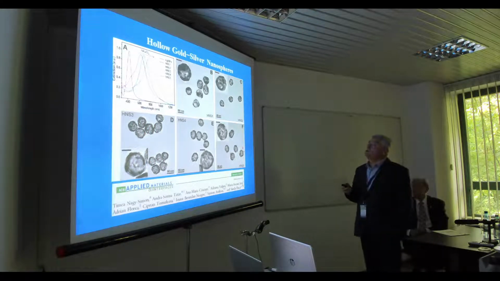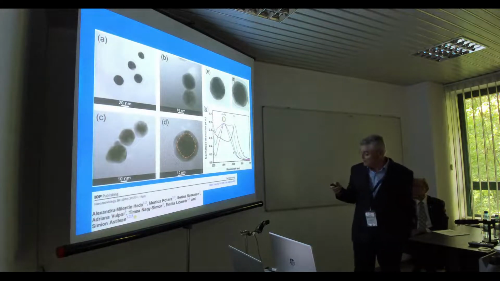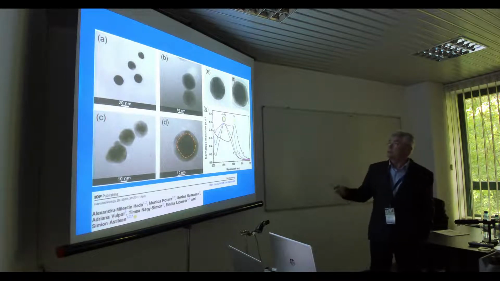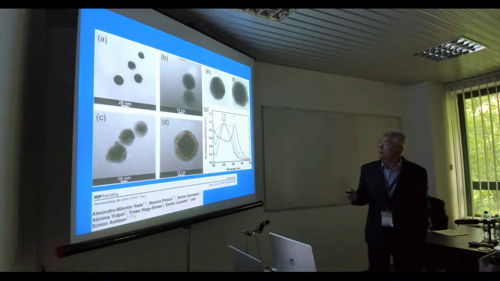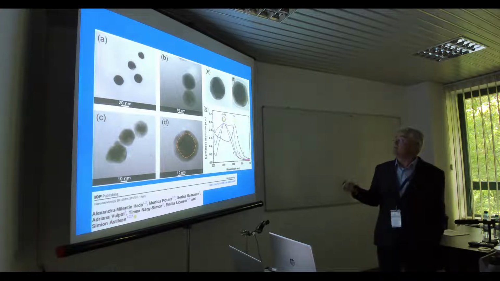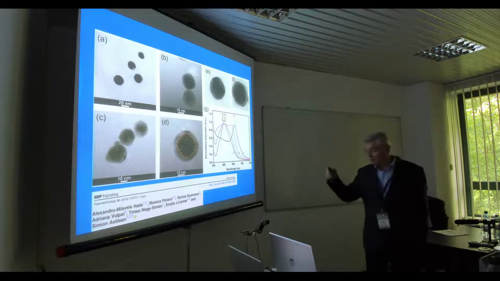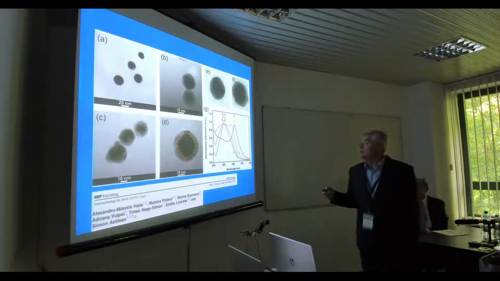Now, hollow gold silver nanospheres are very interesting because you can put some drugs inside and deliver these drugs. They are empty inside at the beginning. This kind of nanoparticle is made of silver and gold, a core shell. I mean, the shell is silver in this case, and the core is gold.